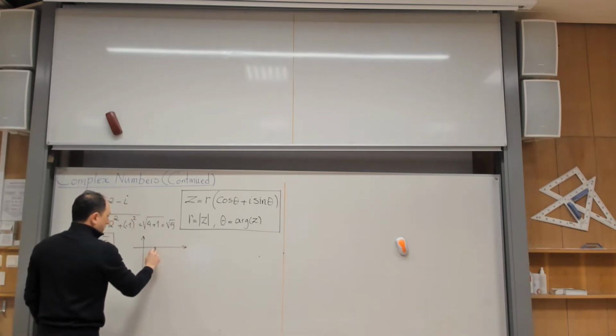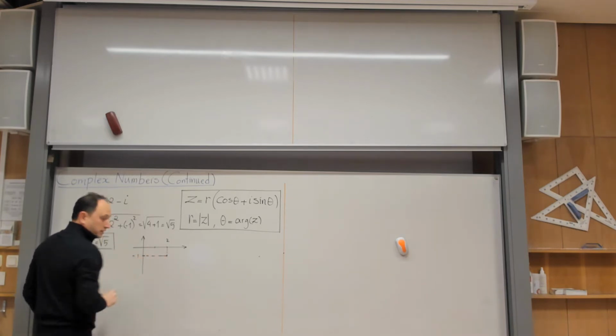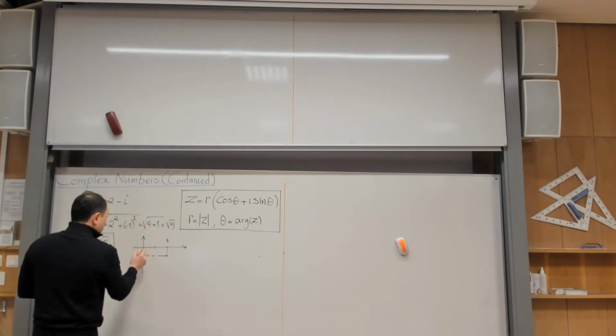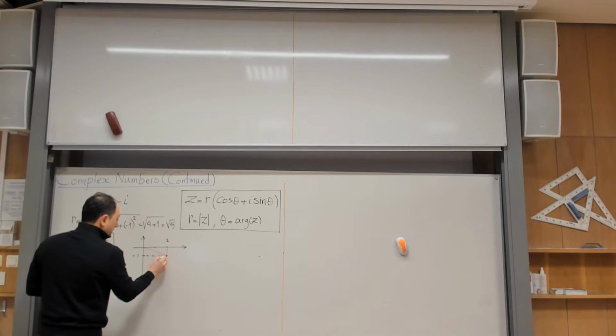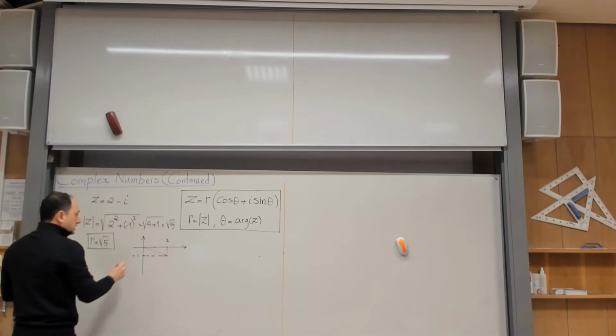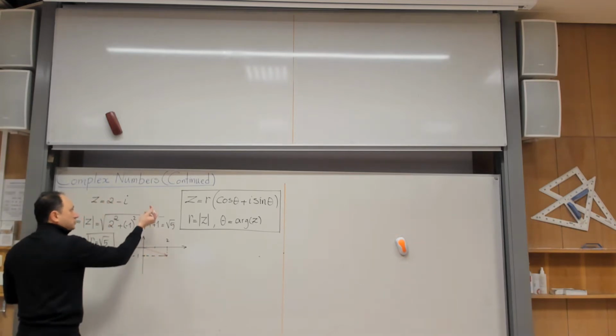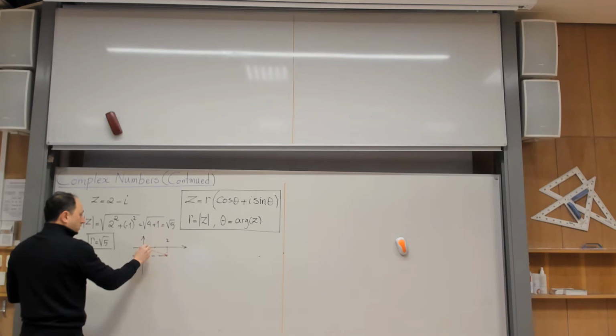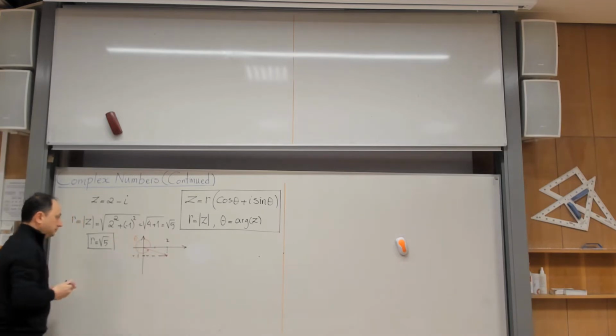This is the location of this point, and you draw the vector from the origin to it. And then this is the argument, and I always use the convention from 0 to 2 pi, or from 0 to 360 degrees, it's better. So I start from the real axis and go up to here. This is the argument that I am looking for, theta.